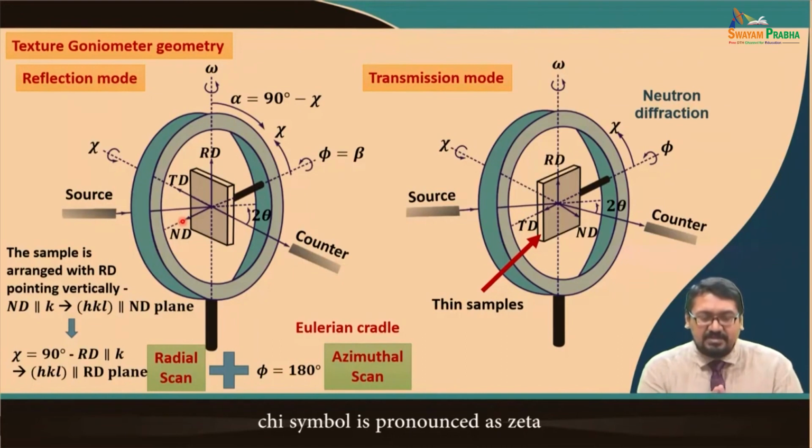Along with this, if we do an azimuthal rotation, and that is phi is taken from 0 to 180 degree to 360 degrees, then what happens? Then you see the rotation along ND. So, a combination of zeta and phi, that is alpha and beta, gives the whole pole figure of the sample.